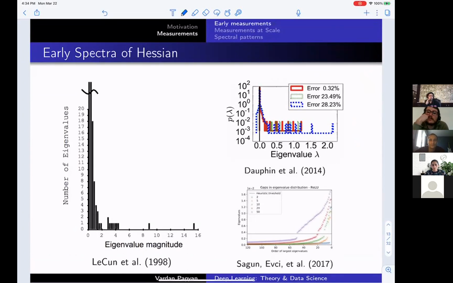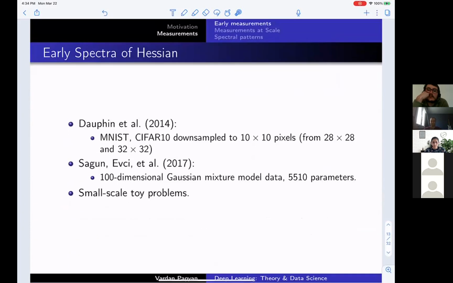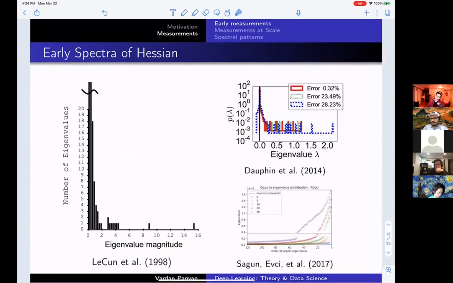In one of the previous lectures, I showed you these plots where we've seen different measurements of the spectrum of the Hessian. And what we observed is that the spectrum of the Hessian has this bulk and outlier structure, right? Now, what I didn't tell you at that point was that all of these measurements were done on very simple networks and data sets.